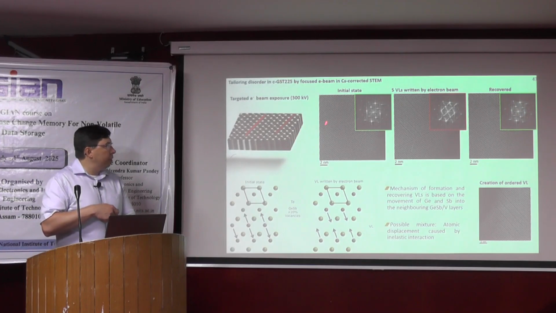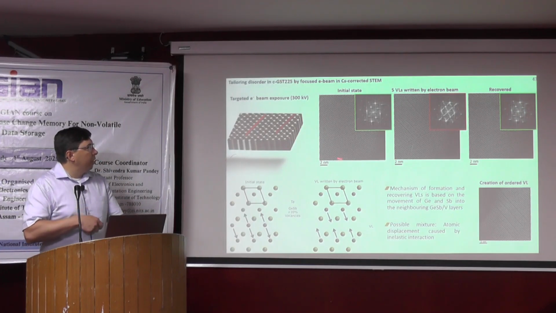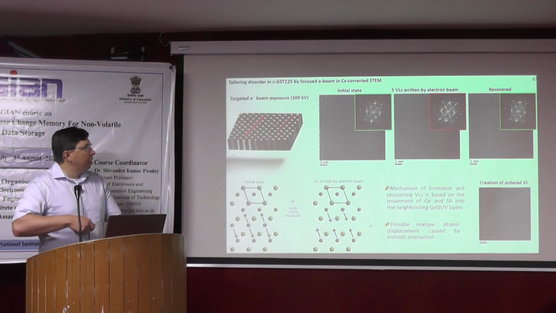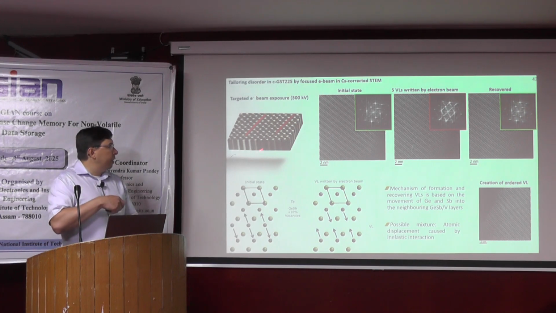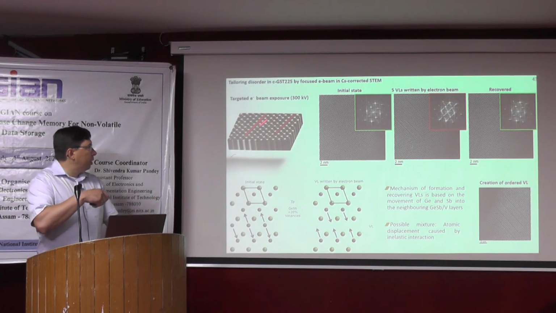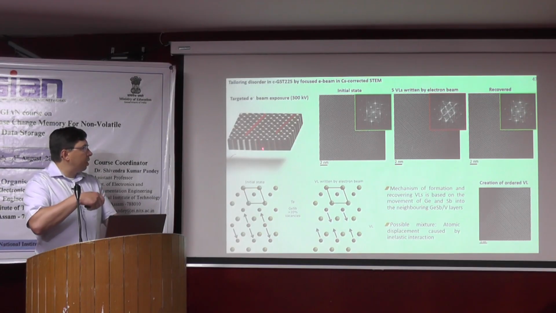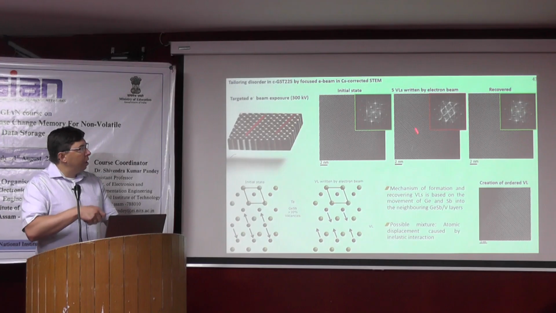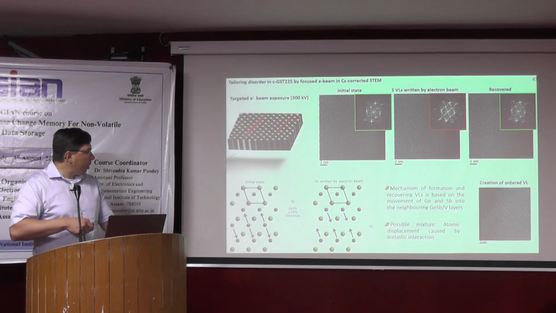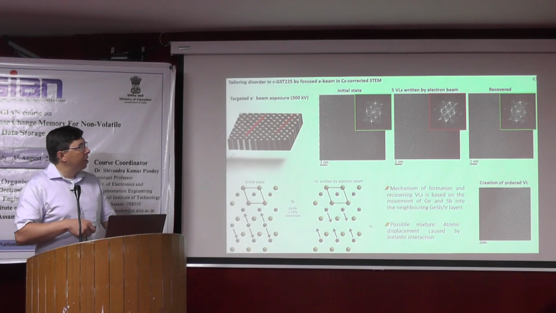It's nicely shown here. This is the lattice before irradiation. It shows a typical FFT pattern with main reflections. And here, after the irradiation with the local beam, we can see the change of the structure, the formation of these dark lines. And these are the vacancy layers. This can also be seen in the FFT patterns.